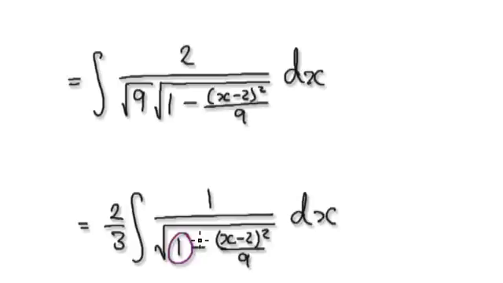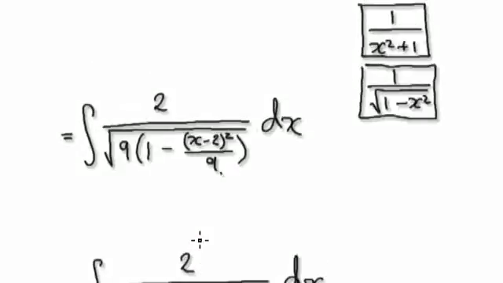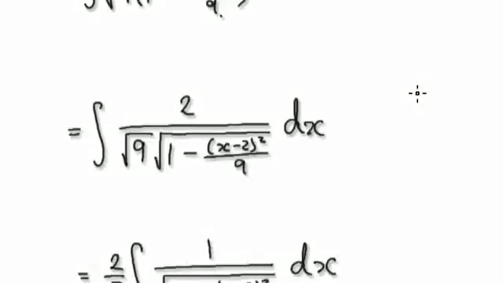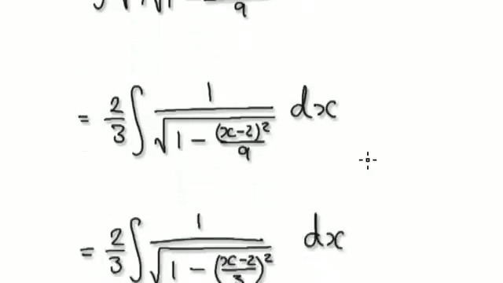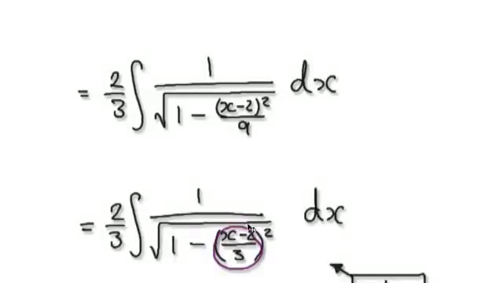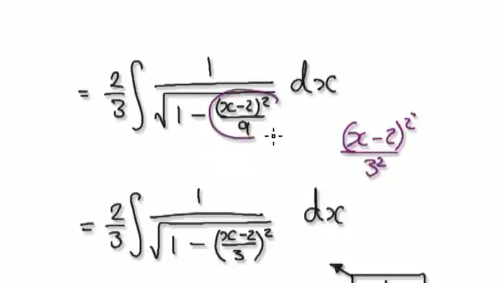Okay, you can see we are getting nearer and nearer to this form here, because here we've got a square root of 1 minus something squared. We can rewrite this bit here as this, because if you look at this squared, x minus 2 over 3, if you square the whole thing, that's like you doing this, which is exactly the same as this.